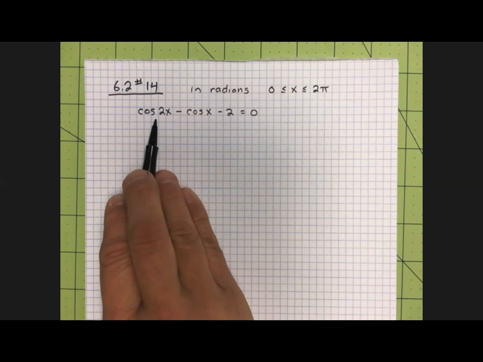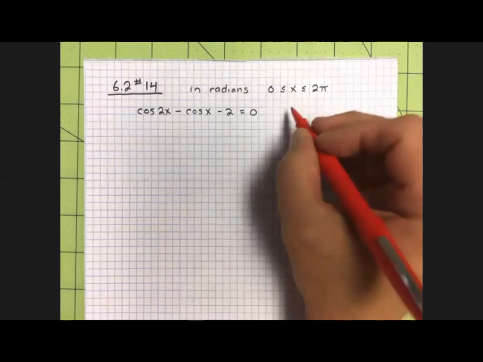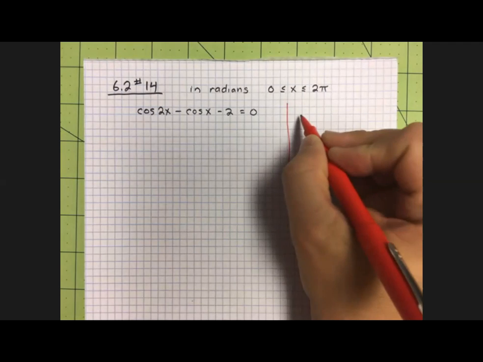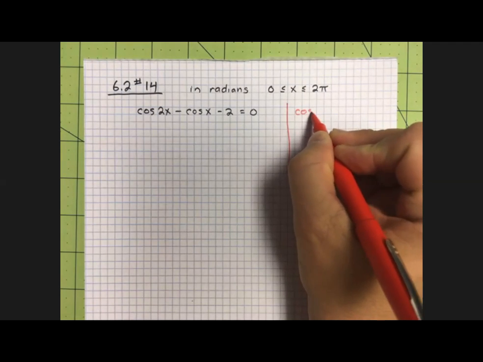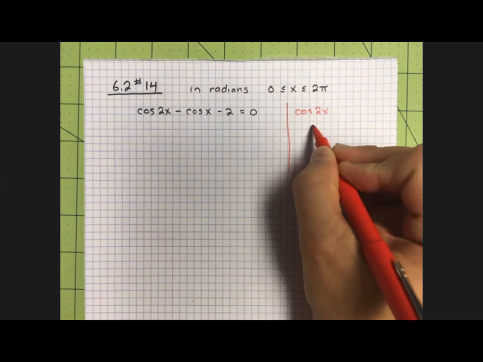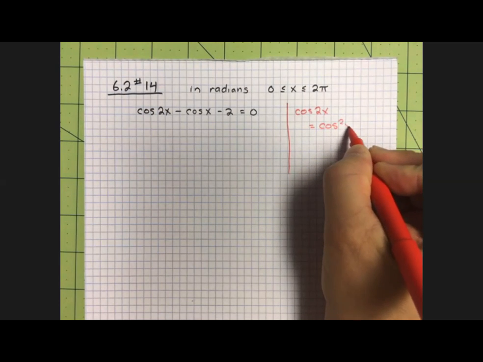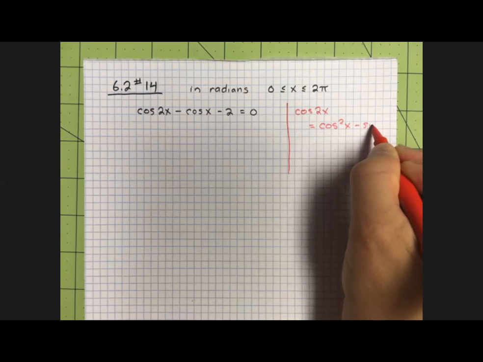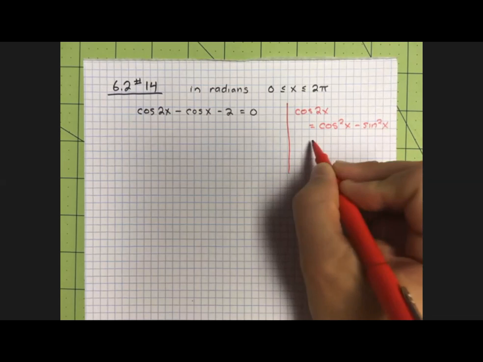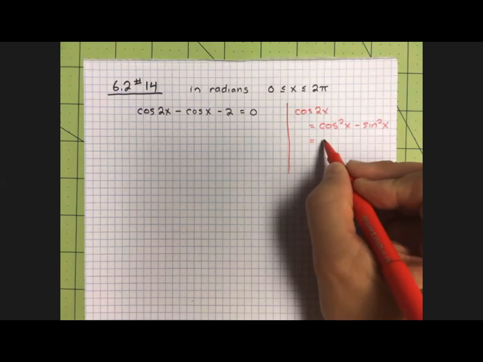I know an identity for the cosine of 2x. In fact, I know 3 identities for the cosine 2x, which in some ways makes it a little bit harder because I'm going to have to choose which one I want to use. But I'll tell you how to make the choice here.